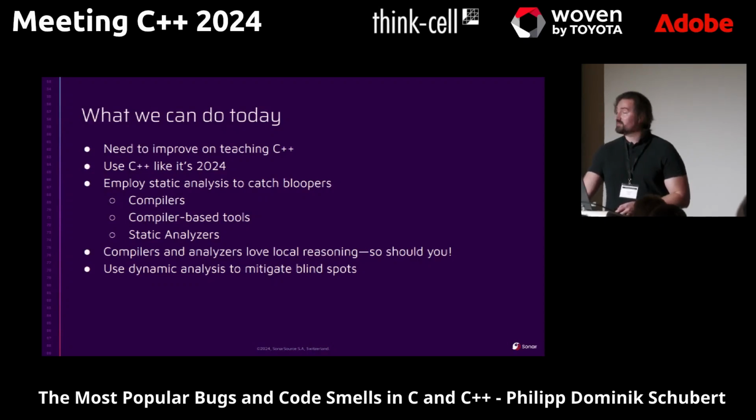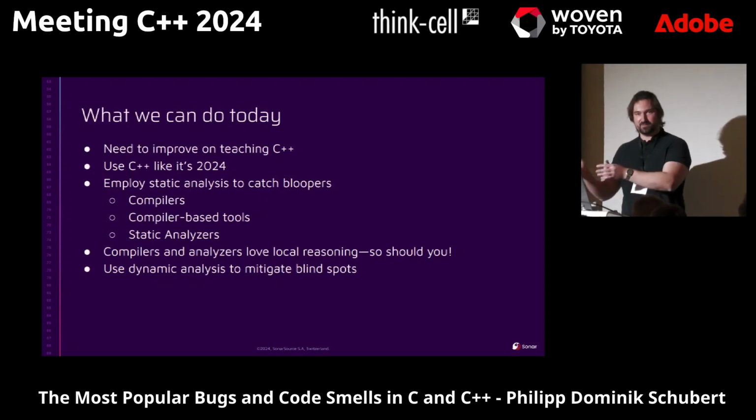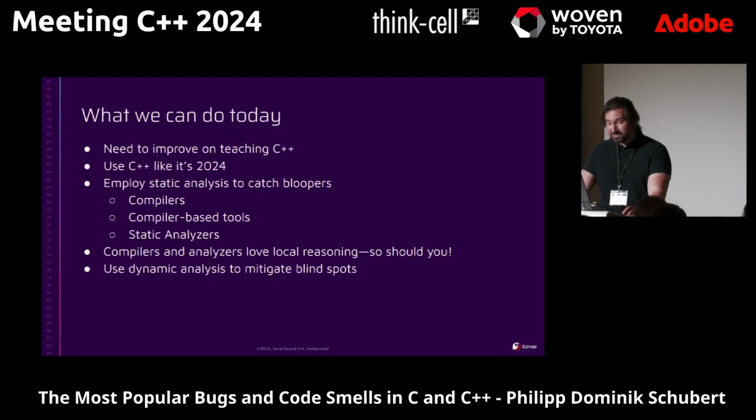Employ static analysis to catch bloopers, right? Having the same expression on both sides of a binary operator, that is really just unconcentrated developers. Checking for not null instead of null, like I showed you in that example. Those things can be caught by compilers at best.